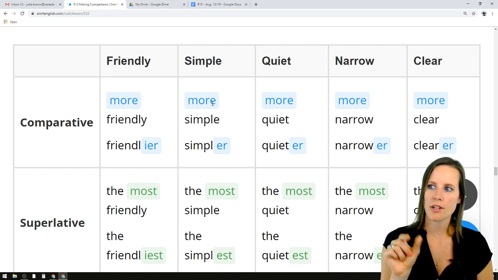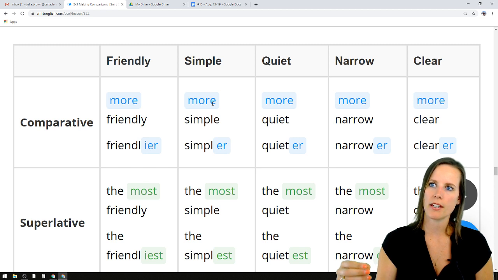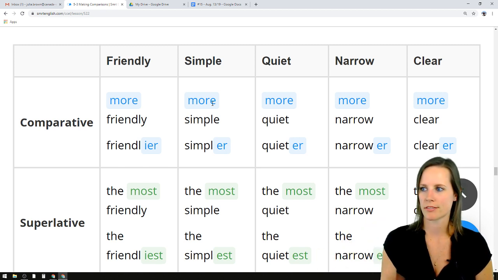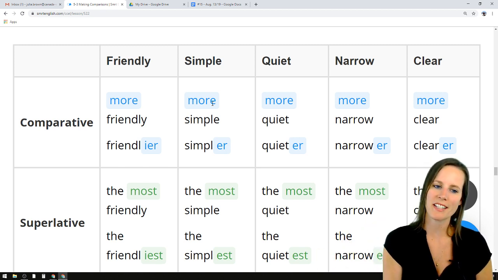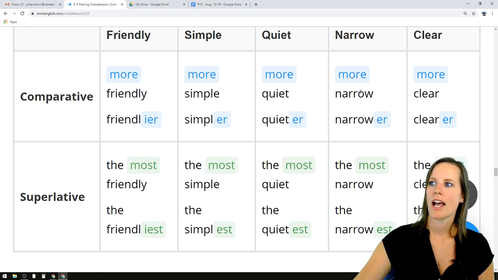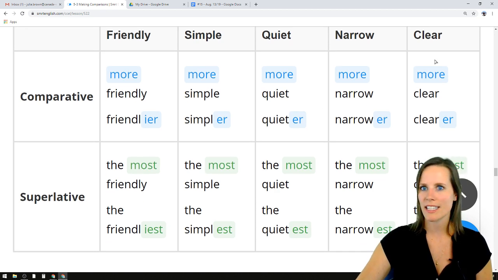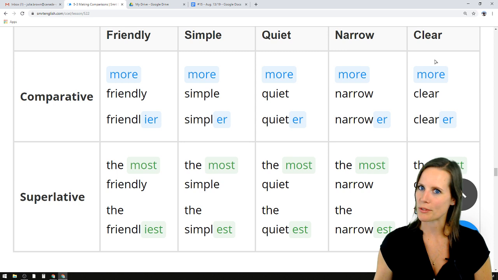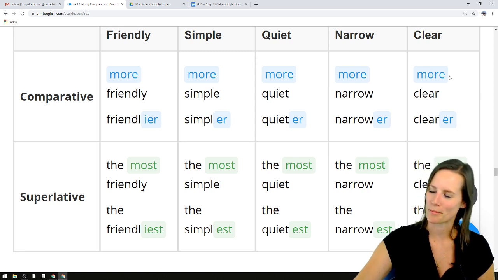Train tunnels are more narrow than car tunnels, for example. Or train tunnels are narrower than car tunnels. Okay. I can see more clearly than you. Sorry, that's the adverb.